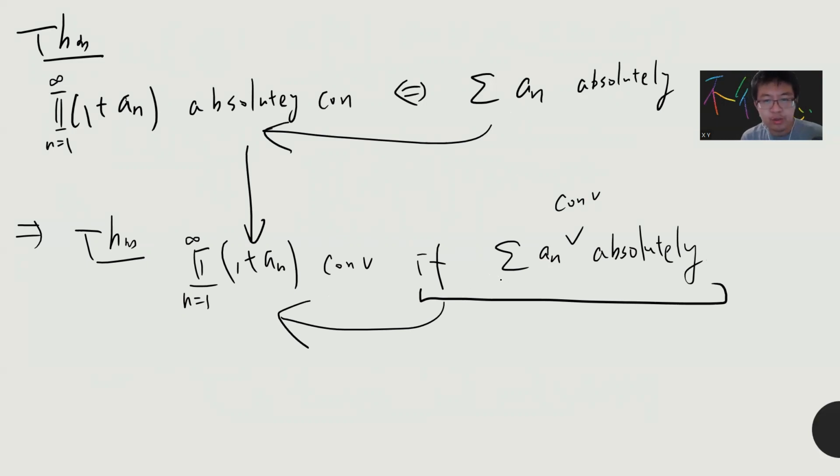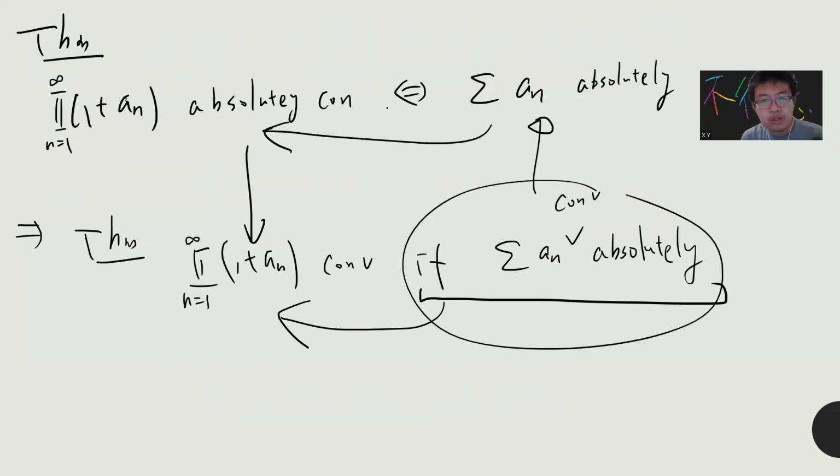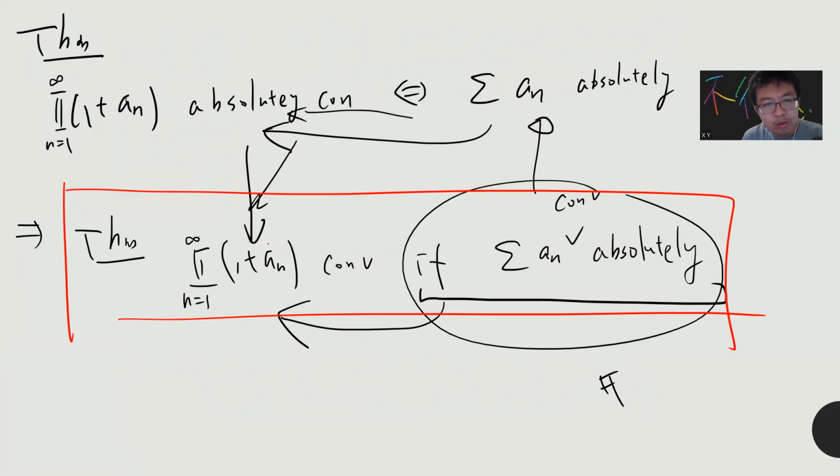This one is also trivial. You start from here, connect here, and prove here. I think this is the one people usually use. This is the most important one. Usually, when somebody gives you an infinite product, what's the first way you try to prove it converges or not? You compute its absolute partial sum. This is usually the powerful tool.